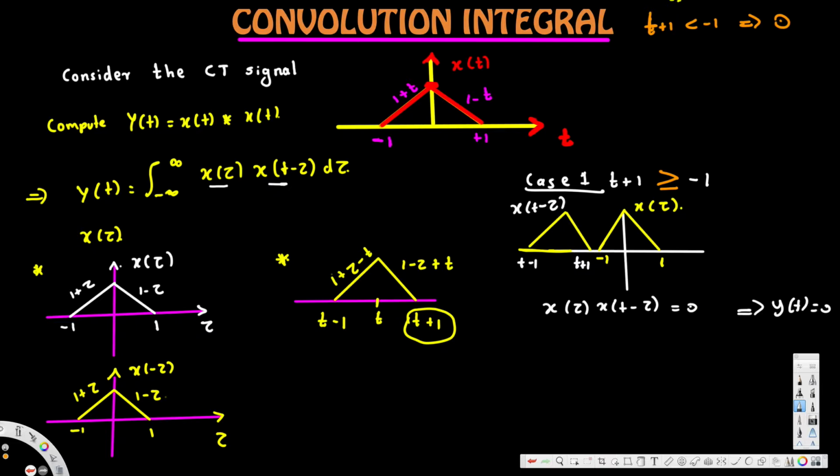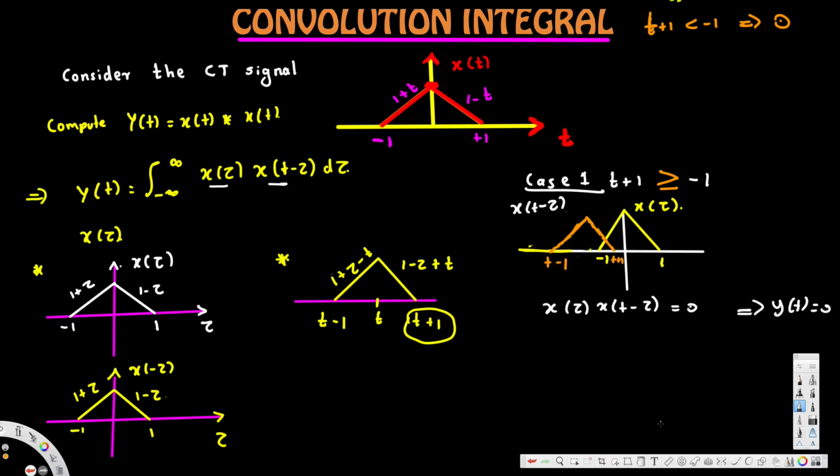This graph will be shifted, because before we had t plus 1 less than -1, that's why we have moved this one. Now if it's greater than or equal to -1, let's say that it is below 0. So let's say this is t plus 1 and this is t minus 1.